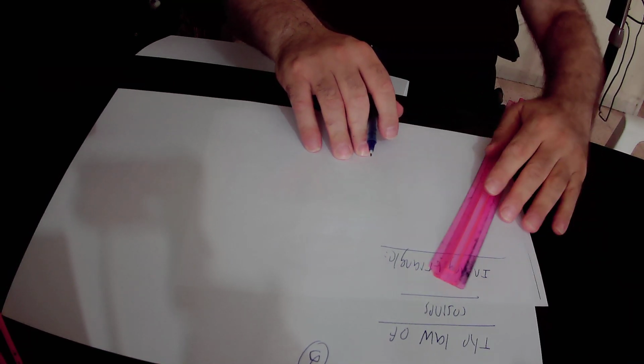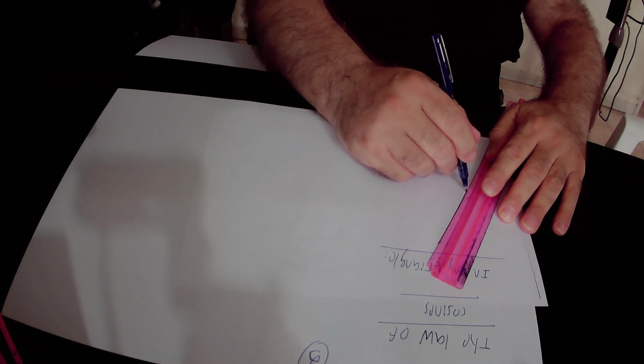Here we have triangle ABC that could be any triangle.